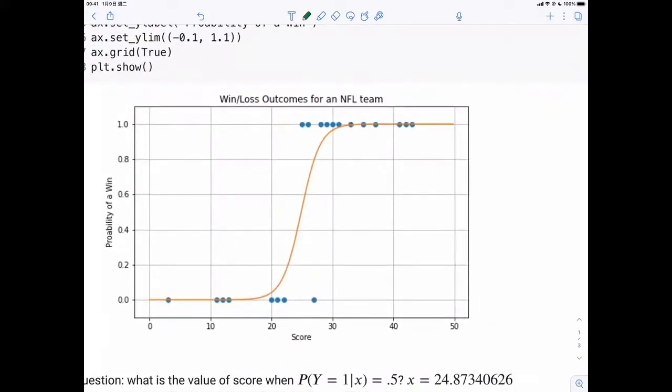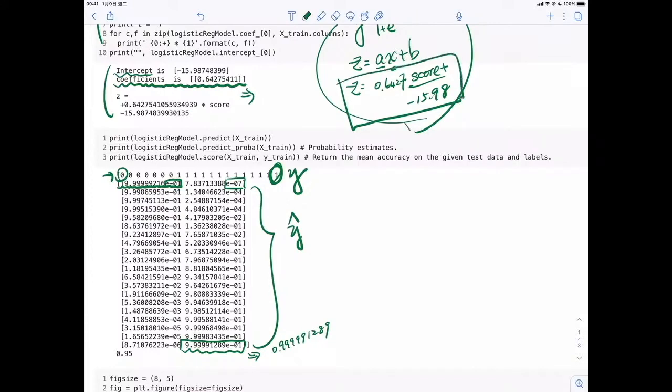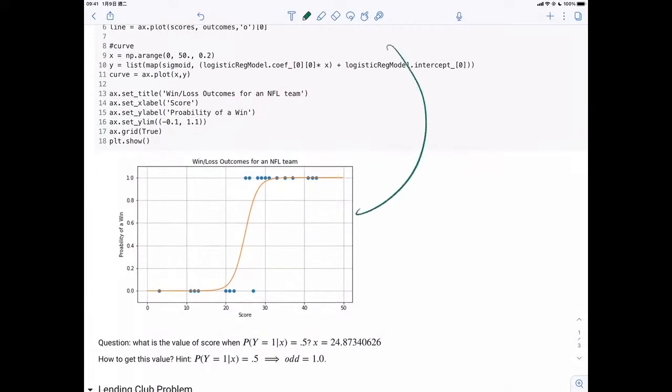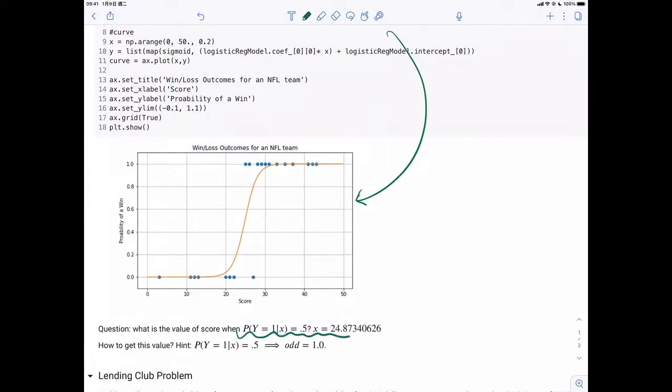So we can draw this shape. We use this value to draw this line. The orange one is the perfect fit line from the perspective of logistic regression. We can even calculate values like this. What is the probability of win? It's 0.5.